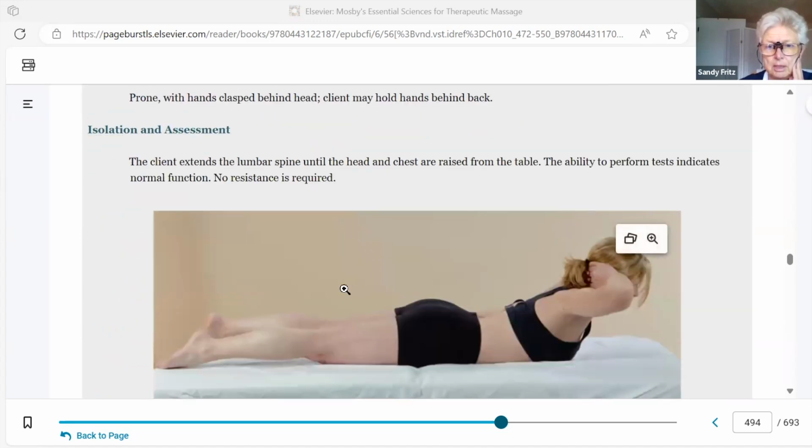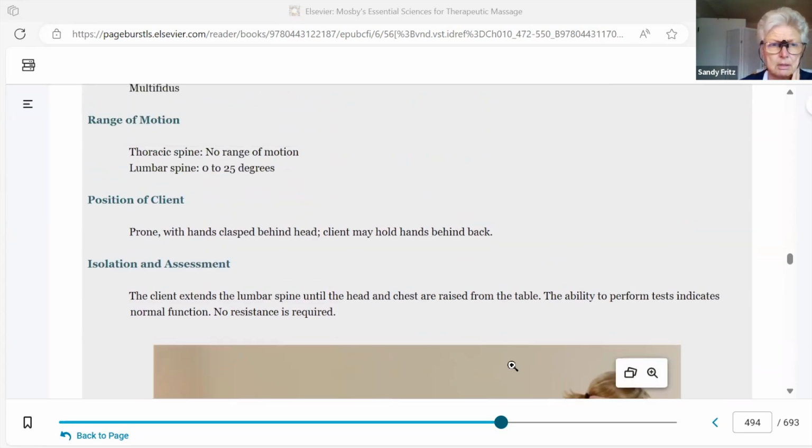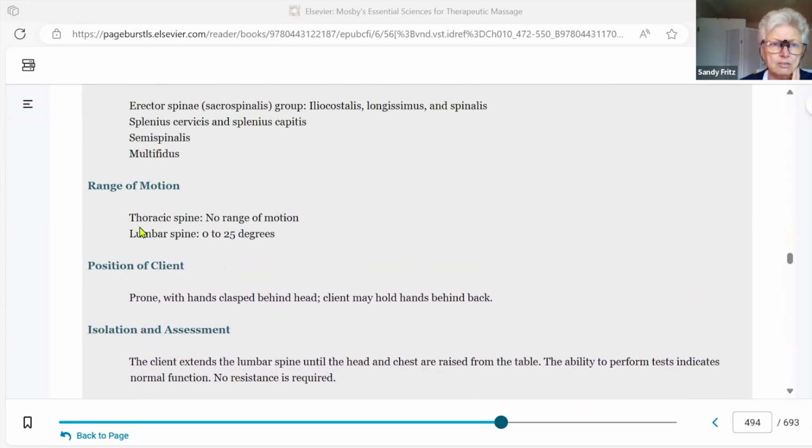Now, that creates a cave. And on the opposite side, we're going to start having a hill. So all of the muscles on the opposite side of that movement are going to have to be in an eccentric function. This gives you an idea of what the range of motion is.